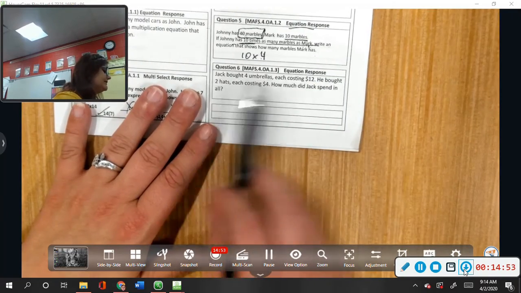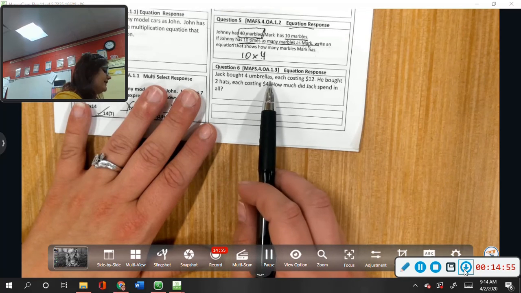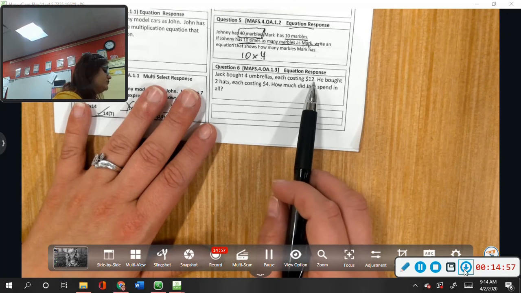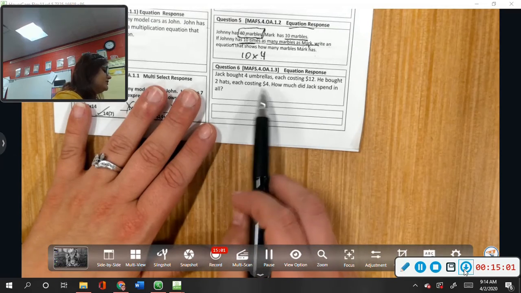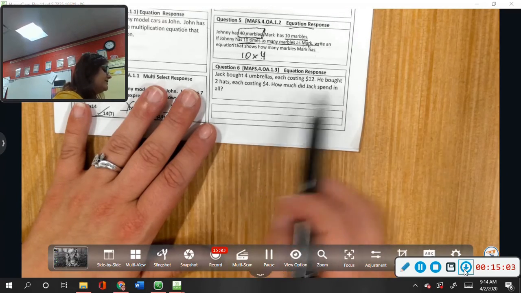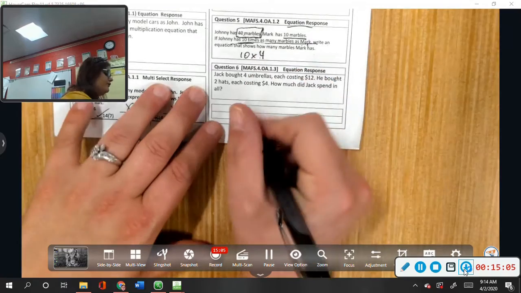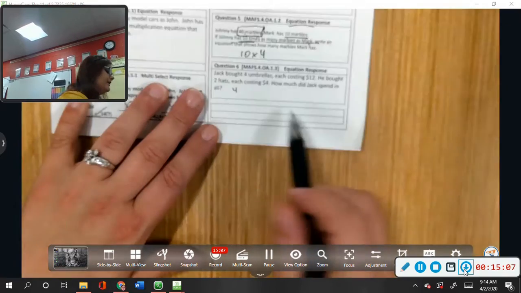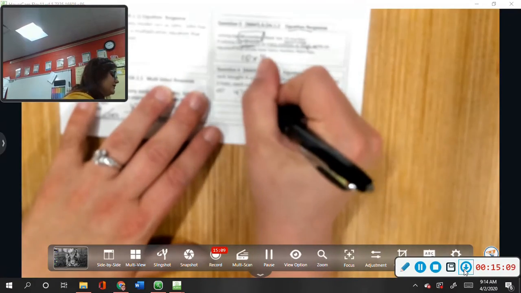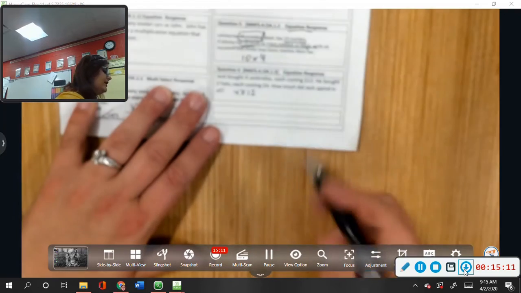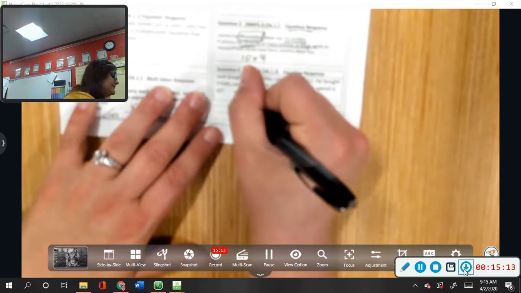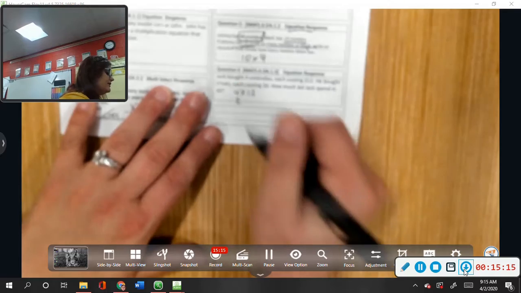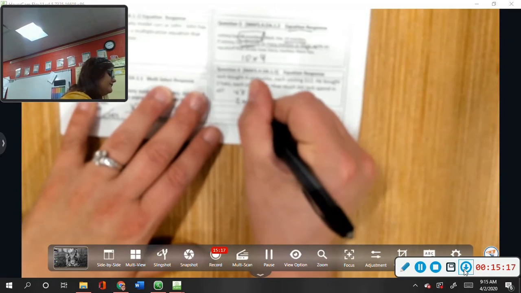Number 6. Jack bought 4 umbrellas, each costing $12. There's a group. He bought 2 hats, each costing $4. How much did he spend? Well, we have a group of 4 umbrellas. Each of those umbrellas cost $12. And then he bought 2 hats, and each hat cost him $4.